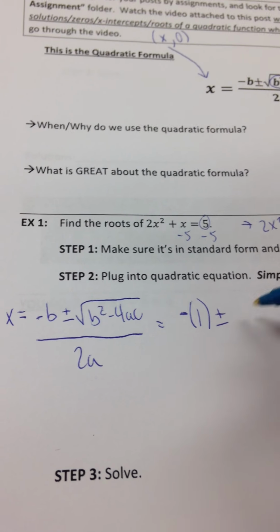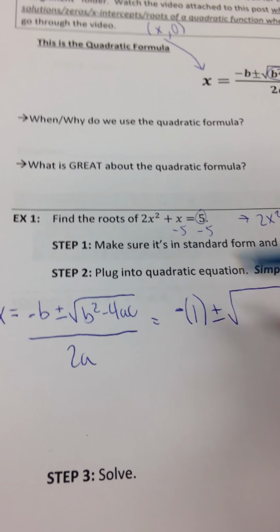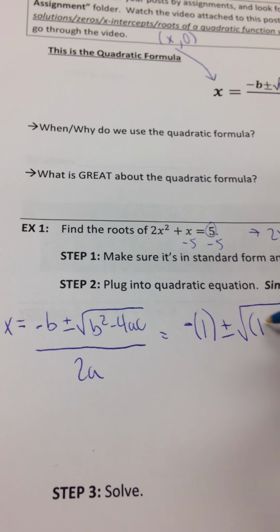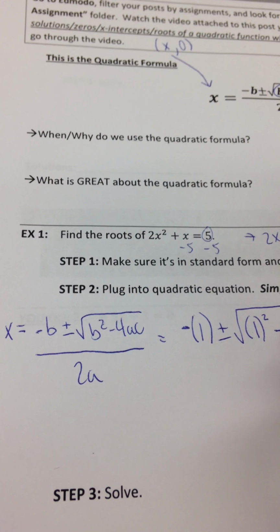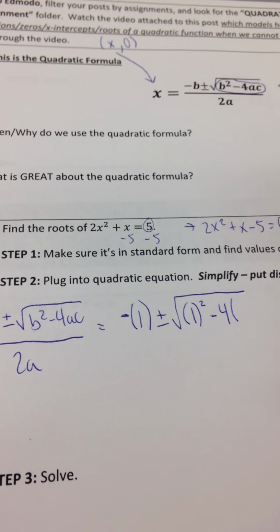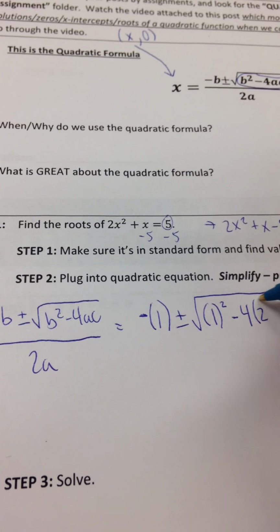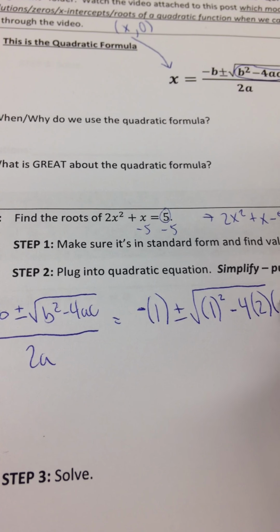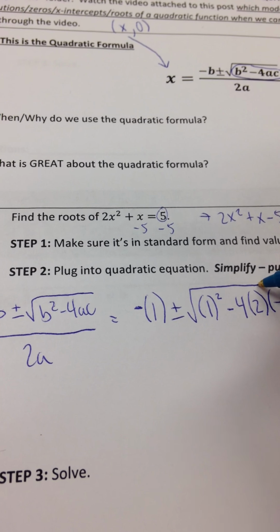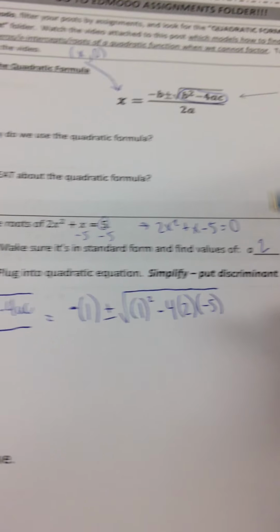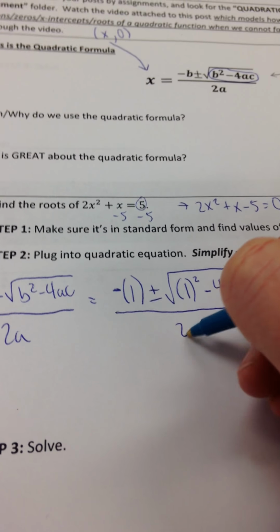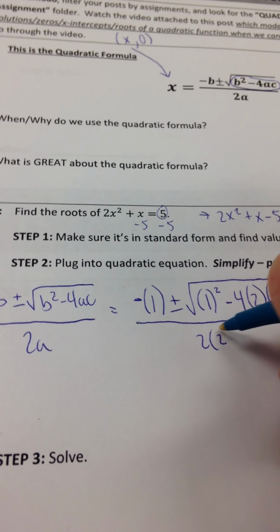Plus or minus the square root of, I see that I have to plug in a b, so again, I'm opening my parentheses, I'm plugging in my b value, minus 4. A is 2, so I'm going to open my parentheses to plug in a, and open another set of parentheses to plug in c, which is negative 5. Extend that radical all the way over. And then again, remember, this is all over 2 times a, which is 2.